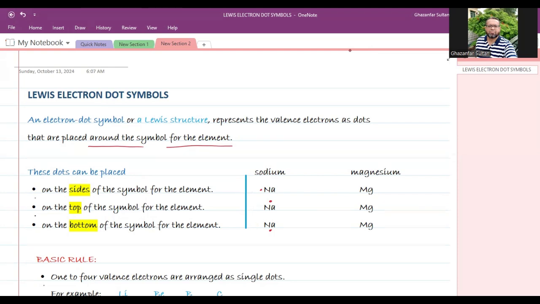If you have two electrons, for example, magnesium has two valence electrons. So you can draw like this, one on the top and one on the side, and you can draw one on either side.